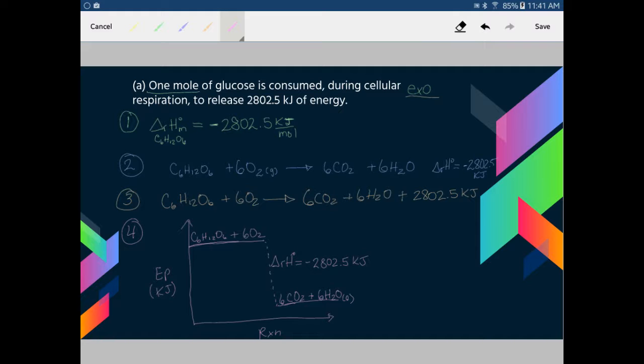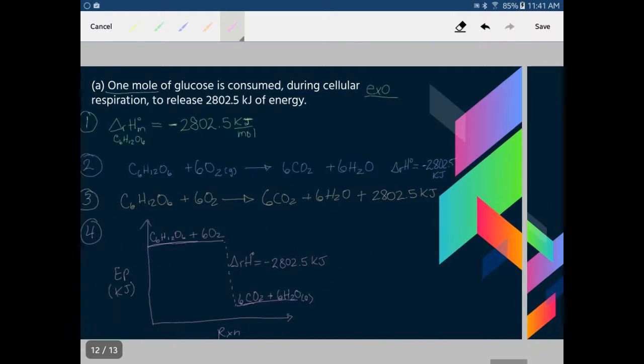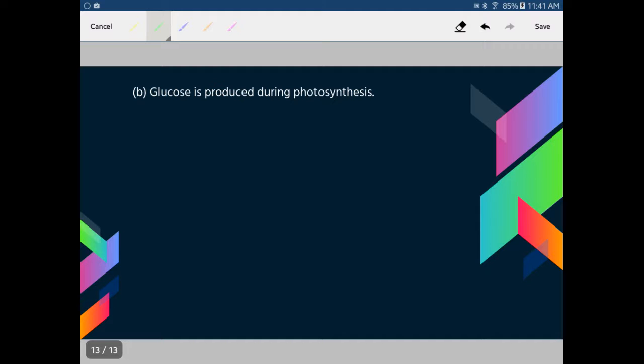Now, if we take a look at our photosynthesis reaction, we're going to do all the same steps. I'm going to go through these a little bit faster now that we know how to do them. So for photosynthesis, if we look at our molar enthalpy of photosynthesis, in this case, we're producing glucose.